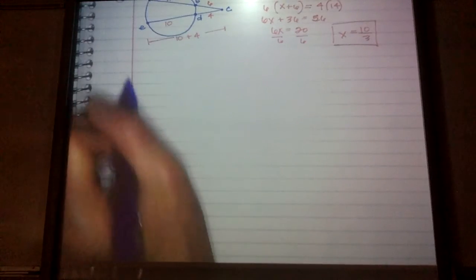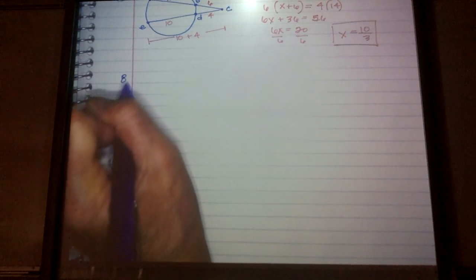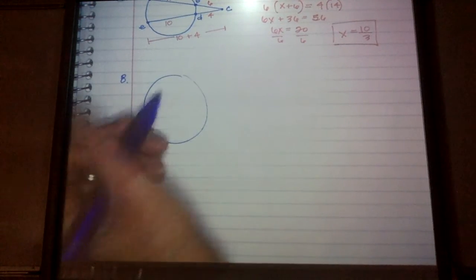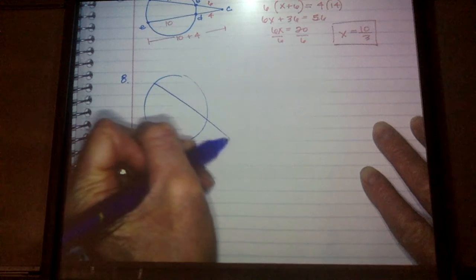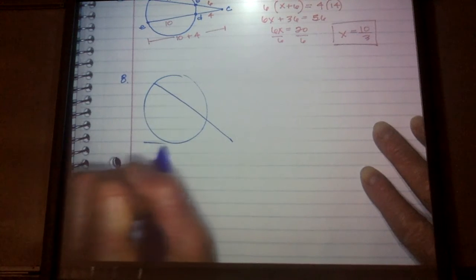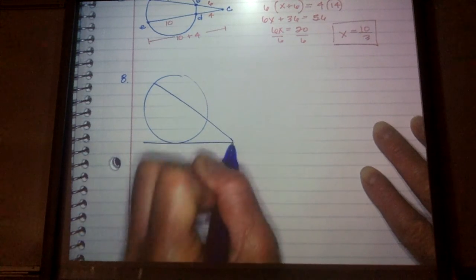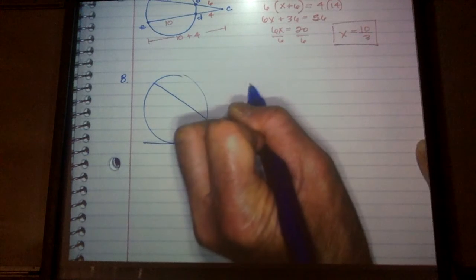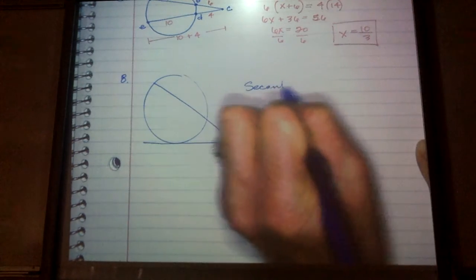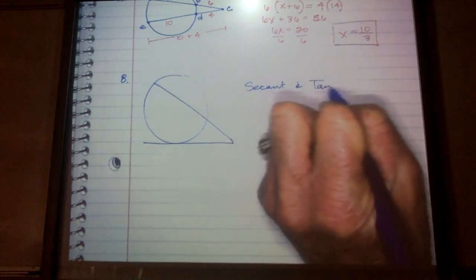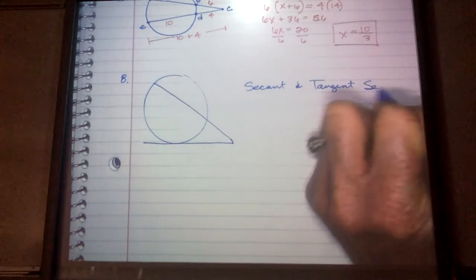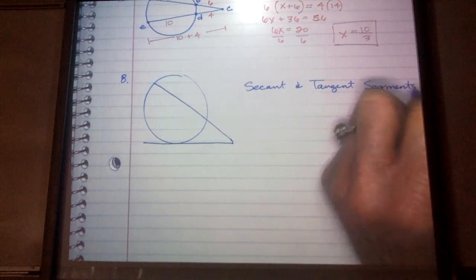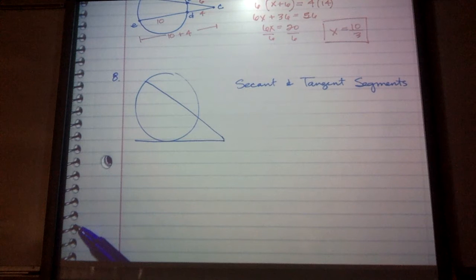So number 8, the last one for this section, I have a secant and tangent. I hope you noticed the first part of 13 had to do with angles and arcs, and now I'm working with the actual lines.